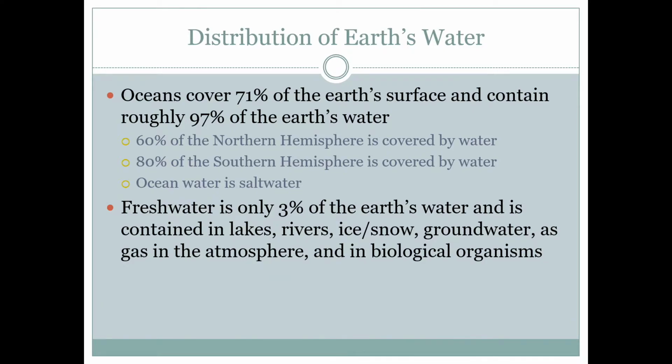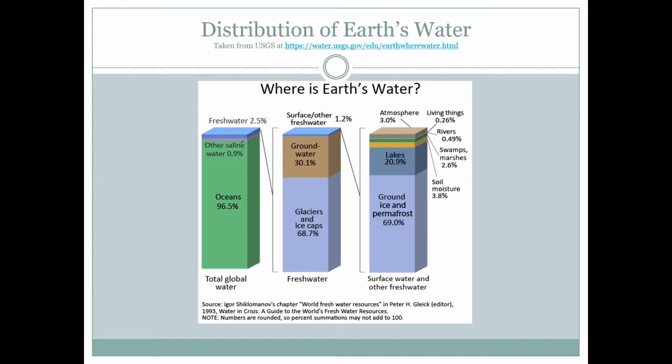And that's obviously contained in lakes, rivers, ice and snow, groundwater, gas in the atmosphere, and as water inside of biological organisms, including you and me. So here's just a visual representation of that. You can see the green block on the left shows about 97% ocean water is saline, leaving that little sliver of blue at the top as fresh water.